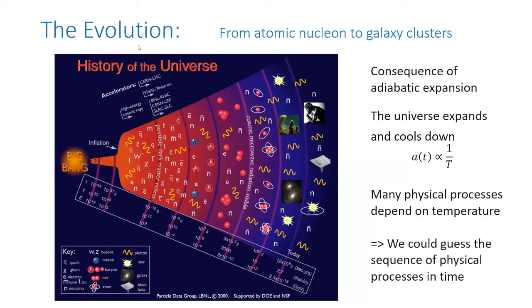But when the energy was small enough, an electron could not escape from the nucleus, we have a neutral atom then, and there are much fewer free electrons going about to scatter photons. So photons could propagate freely, and those photons are what we now call the cosmic microwave background.